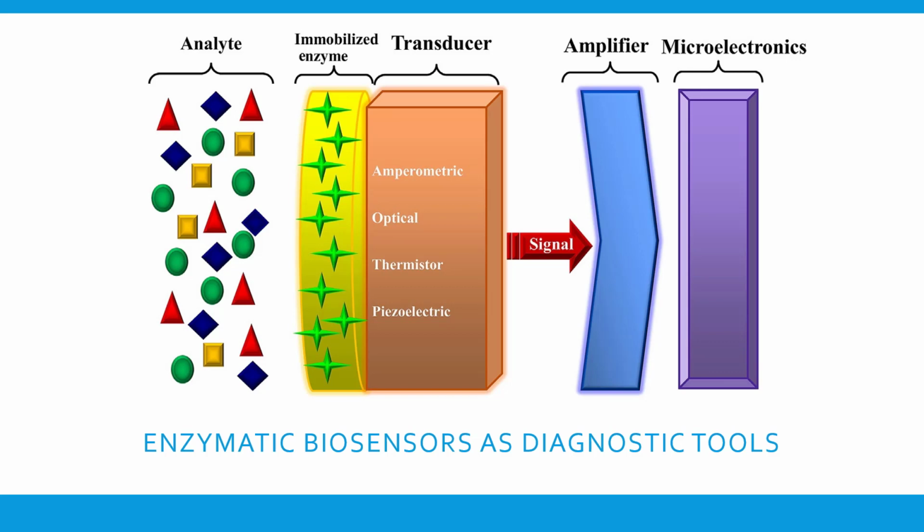Here the transducing element is a thermistor. What do you mean by a thermistor? It is a heat sensing element. It will measure the heat generated from the conversion of urea by urease. So it has been utilized for the development of a biosensor based on a thermal enzyme probe.